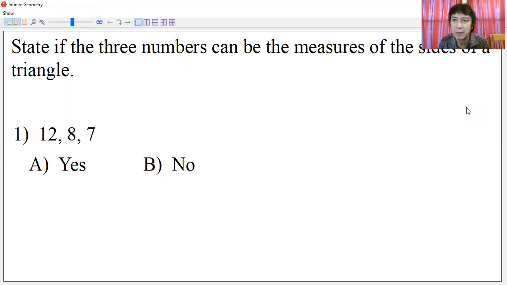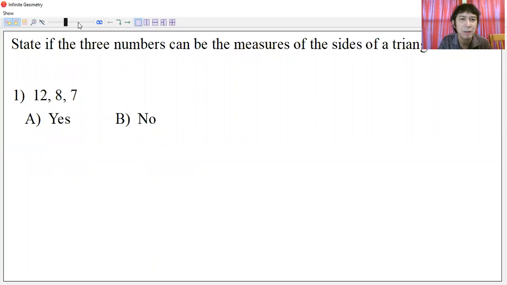Before we answer, let me show you a little concept about the theorem. By using the annotation here, we can show it on screen. So we can have a little reduction in the size there. And then here's the triangle inequality theorem.